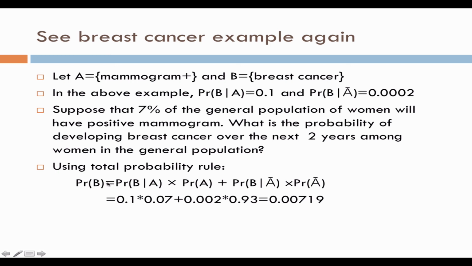So by this decomposition, you can decompose this unknown probability into numbers that you actually know: 0.1 multiplied by the prevalence of positive mammogram, plus 20 over 10 to the 5 multiplied by 1 minus 7%. So you get 0.007.